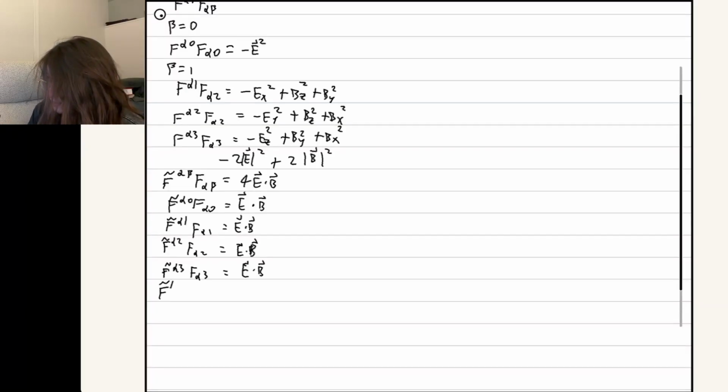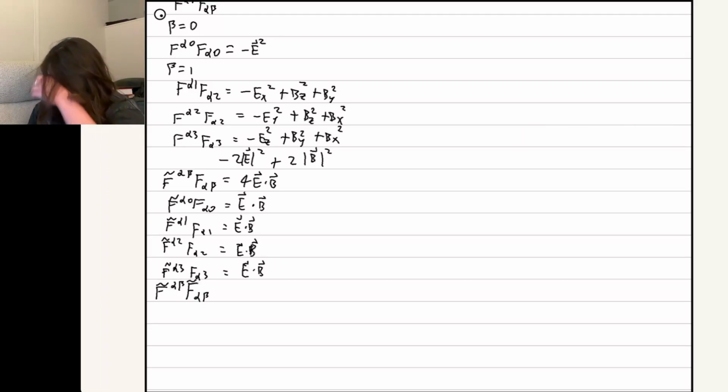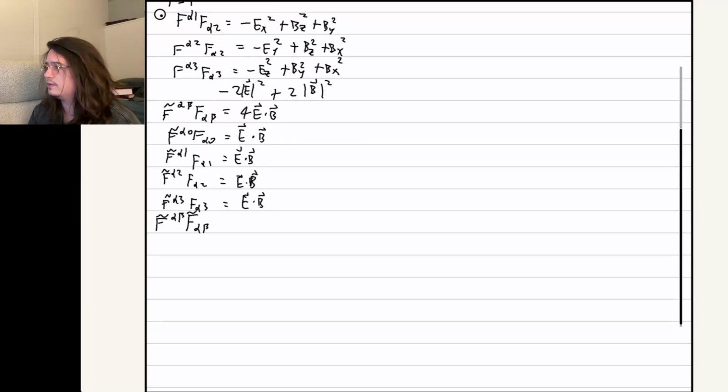Then we're also asked to do the dual strength tensor multiplied by the covariant form of the dual strength tensor. And Jackson doesn't actually have written what the dual field strength tensor and its covariant form is.